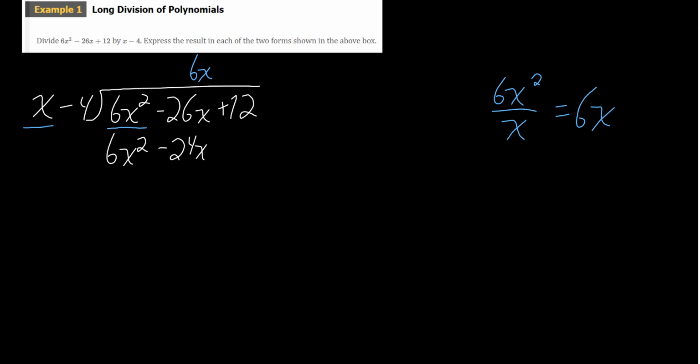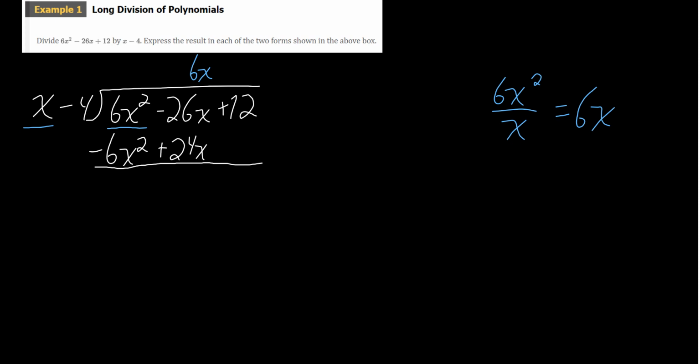So here's the big point of long division. When I put this equal sign beneath here, as soon as I'm done putting this equal sign, I'm going to change the sign of the numbers above it. Boom, boom. So let's do that again. I put the equal sign there, and as soon as I put the equal sign, I change the sign of the numbers above it, so that positive 6x squared turns into a negative 6x squared, and that negative 24x turns into a positive 24x.